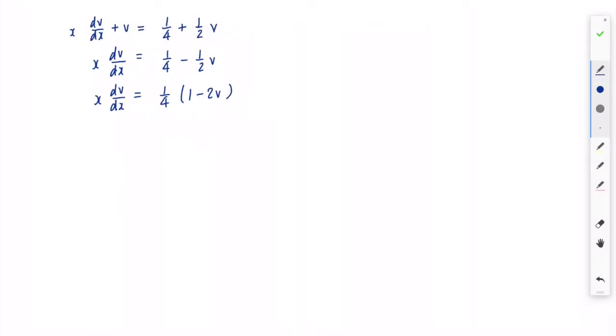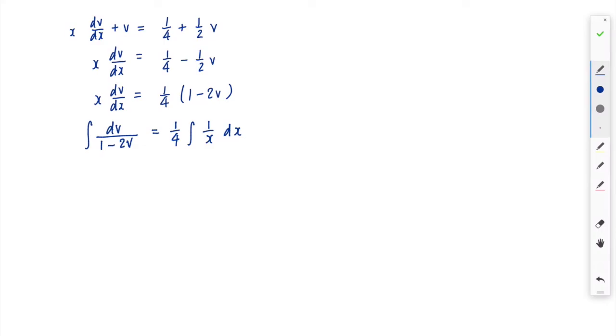After this step, we can now separate the variables. I have dv over 1 minus 2v integral on the left, and on the right, I'm going to have 1/4 times the integral of 1 over x dx.